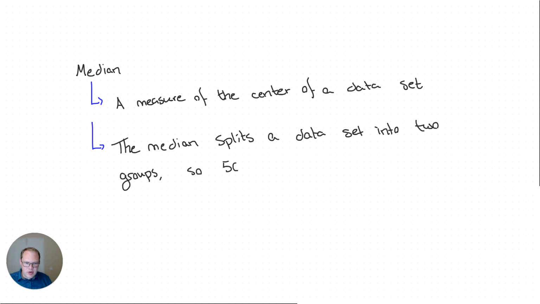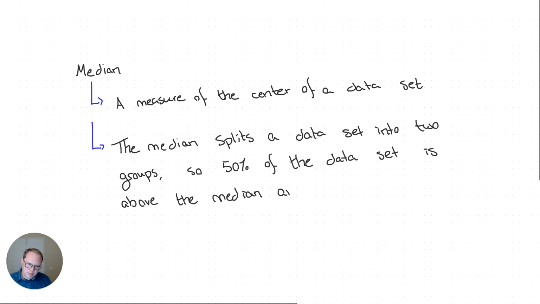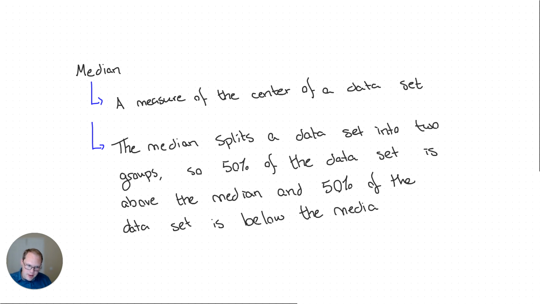So 50% of the data set is above the median, and 50% of the data set is below the median. Okay?